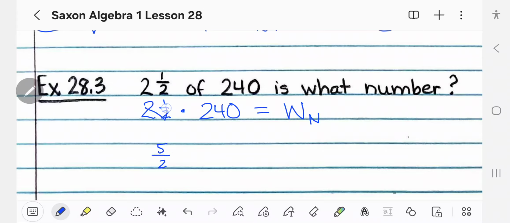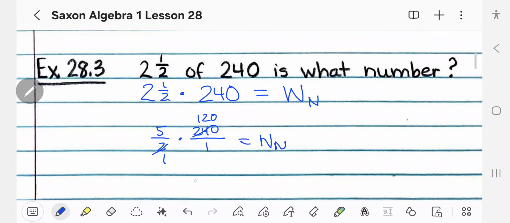The 2 times the 2 is 4 plus the 1 is 5, right? So 5/2 times 240, we write it as a fraction, so it's over 1, and that's equal to the what number? And I can cancel. And then I can multiply straight across, and I get 600 equals what number? So that is the answer to this example. And then checking it is really just multiplying that one again, or you could work it backwards.